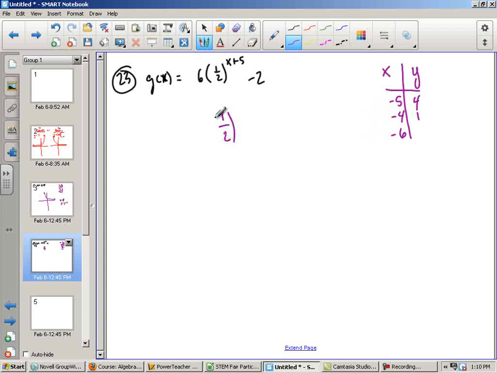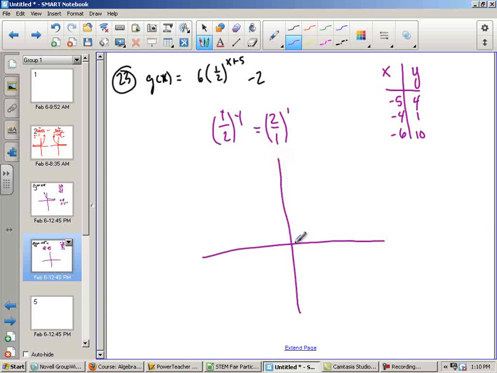So 1/2 to the negative first is equal to 2 over 1 to the positive first. So this is going to be 2 times 6, that's 12, minus 2 is 10. The gap here was only 3, but the gap here was 6. So we just made the gap significantly larger. That's kind of our goal on a lot of these.